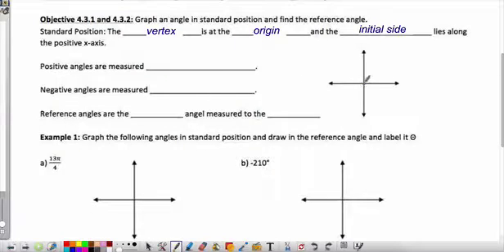So we have our vertex at the origin, rather than just hanging out here someplace, and our initial side lies along the positive x-axis. So this is the initial side. And positive angles, let's just draw the terminal side out here. Positive angles are measured counterclockwise.